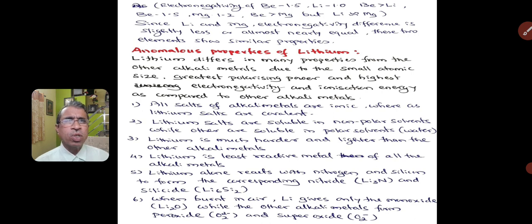Lithium salts are soluble in non-polar solvents while others are soluble in polar solvent, that is water. Lithium is much harder and lighter than the other alkali metals. Lithium is the least reactive metal of all the alkali metals.